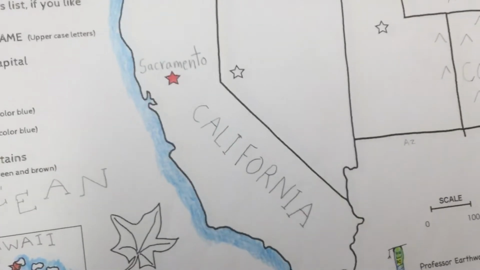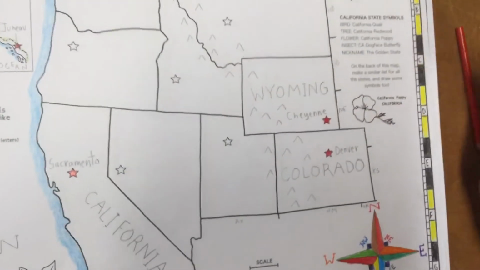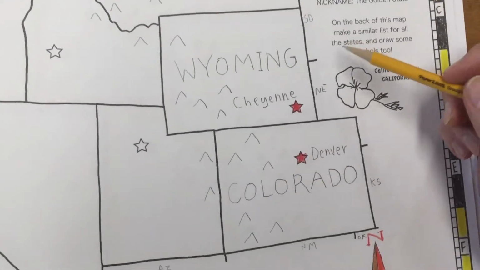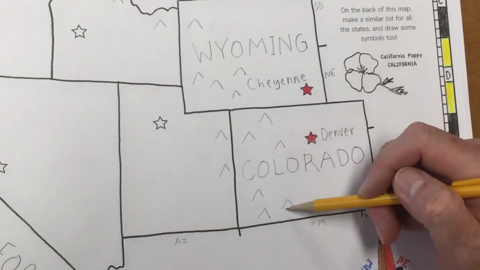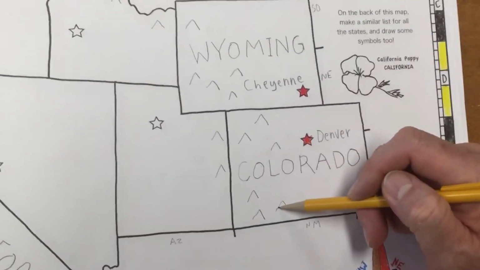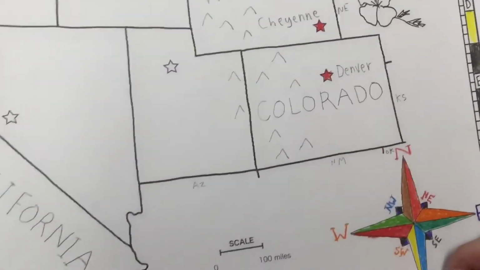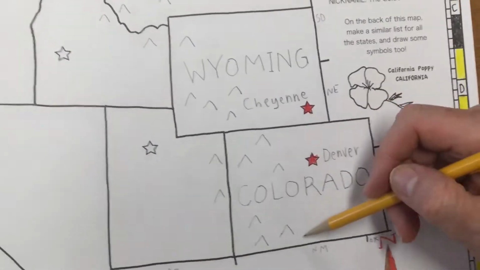Okay, I also labeled Colorado and Wyoming, and the reason I chose to label those right now was because I wanted to show you the rest of the Rocky Mountains. We started those in the southwest region, and I'm going to continue them up a little bit.